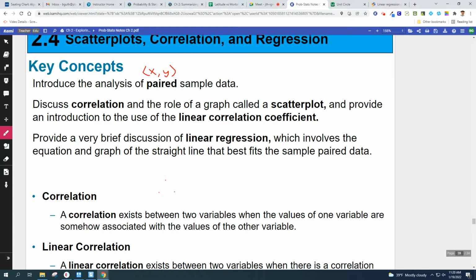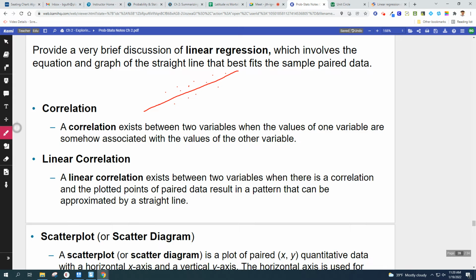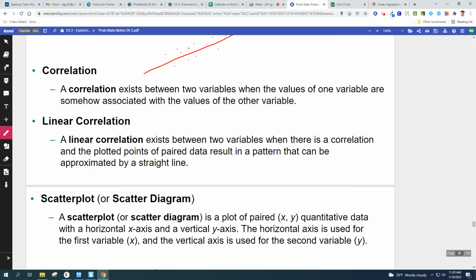So a scatterplot, you're going to have a bunch of dots, and you're trying to draw a line that best represents those dots. Line of regression through the scatter plot, that's kind of what we're trying to do. A correlation exists between two variables when the values of one variable are somehow associated with the values of the other variable.